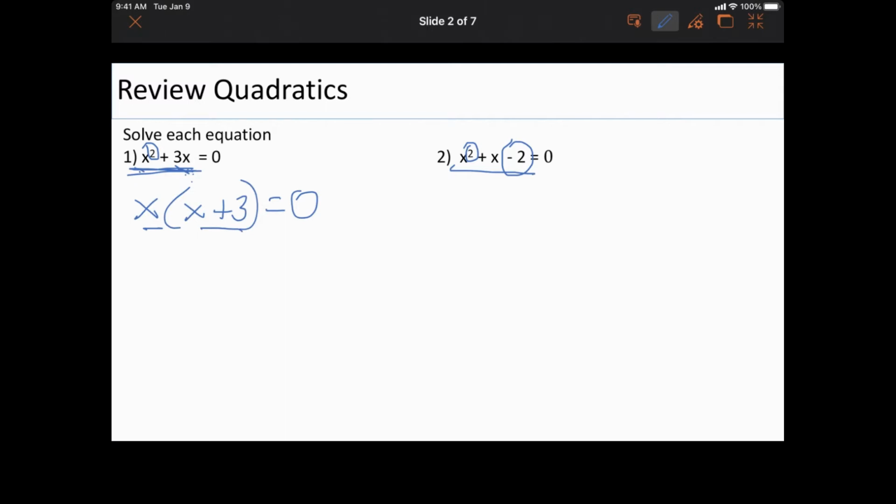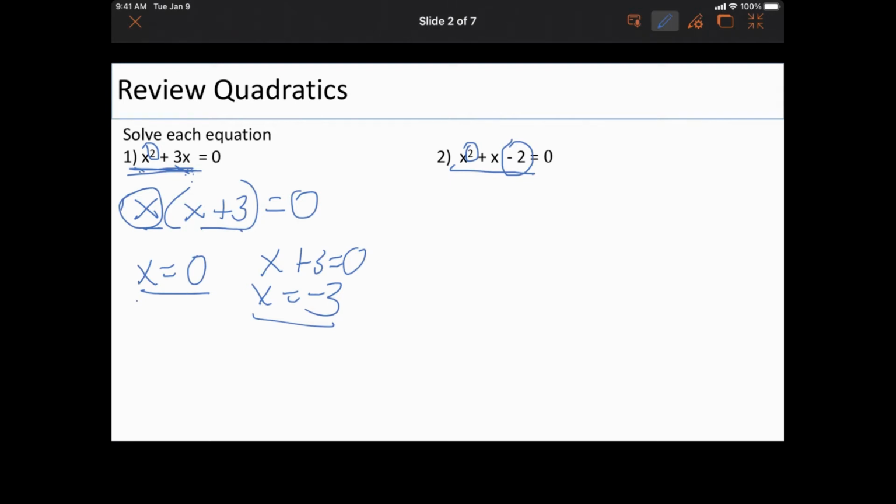So we said each part X equals 0. So I have 2 solutions, X equals 0 and X equals -3. So if you put them both into the original equation, it will equal 0.